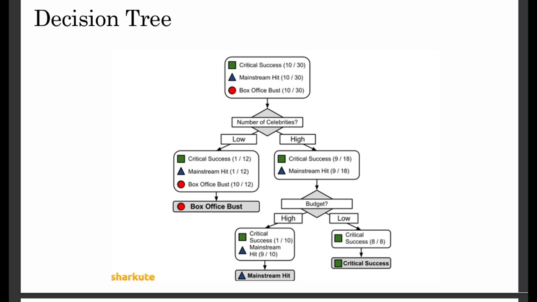The tree-like structure has a root node at the top representing the first and most important split, internal nodes representing subsequent decision points, branches representing the outcomes of each decision, and leaf nodes at the bottom representing the final predictions.